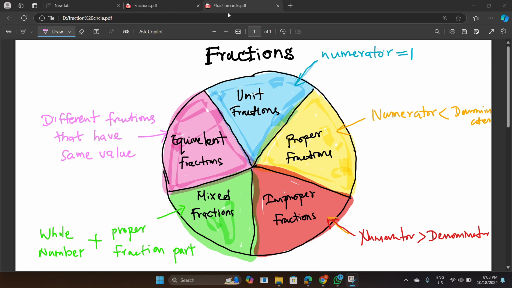Right? We also discussed mixed fractions, which are a combination of whole numbers and a proper fraction part. Finally, we looked at equivalent fractions, which are different fractions that represent the same value. We obtain these equivalent fractions by dividing and also by multiplying both numerator and denominator by the same value.